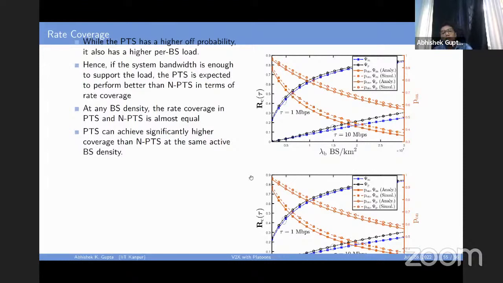And what we also did is we plotted the rate coverage with the active base station density. And we showed that if we have a fixed base station density, and you take the same active base station density and compare platoon and non-platoon, the platoon traffic will give you better rate coverage. Okay, so I'm just going to show you just after finishing this one.